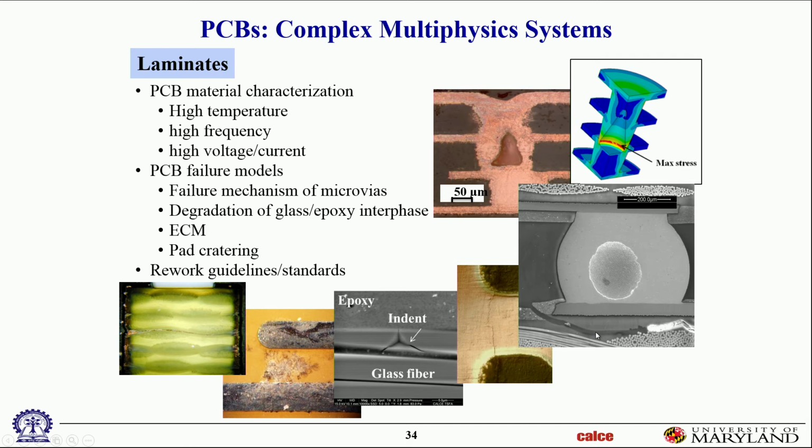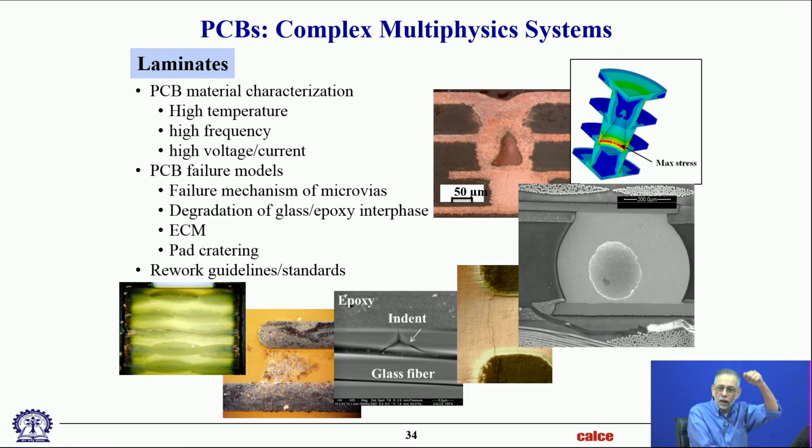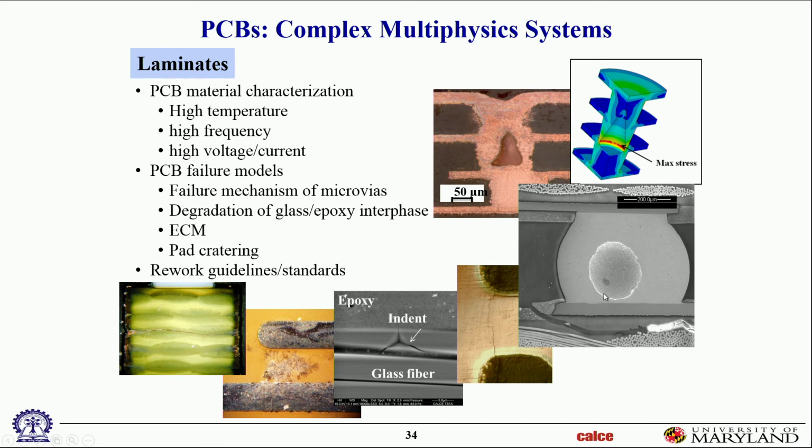With repeated heating of the component and the mechanical forces of the thermal expansion mismatch, eventually you crack it. That's called pad cratering. You can also see, though you probably cannot see it from back there, a crack through the metal trace here. You're looking at the top view of that crack, which has emerged through the metal trace, and now you have an electrical open.